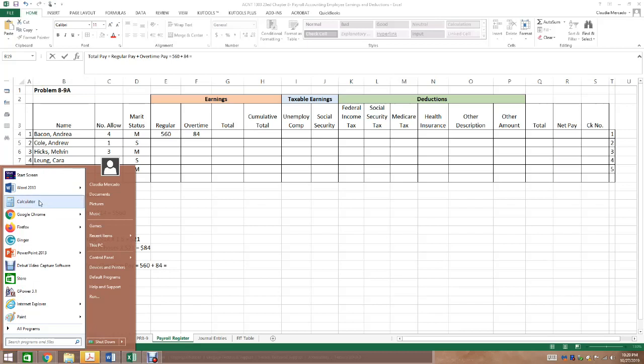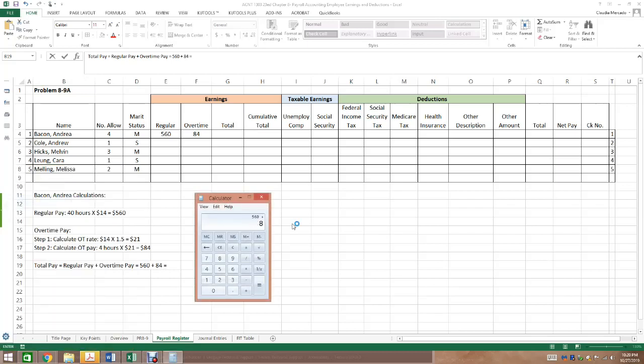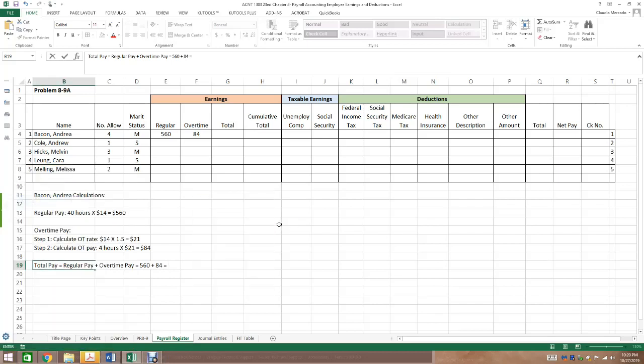And that's going to give me $644. So that's how we get the total pay. They made $560 in regular, the 40 hours. Then they made $84 on the 4 hours of overtime. Their total earnings is $644.